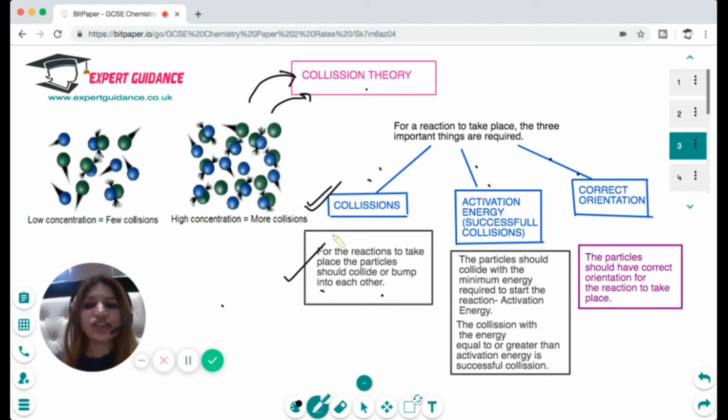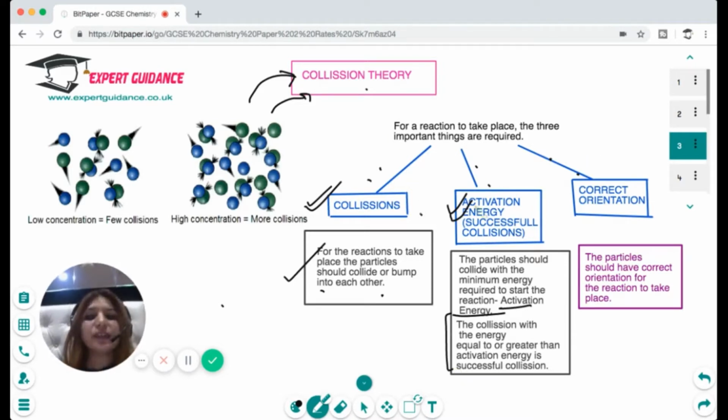And it's not just bumping into each other that will make the reaction faster. All the particles should collide with the minimum energy required to start the reaction, called the activation energy. So the collisions which have energy equal to or greater than the activation energy are the successful collisions. So we first want collision, then we want successful collision with the energy greater than the activation energy.